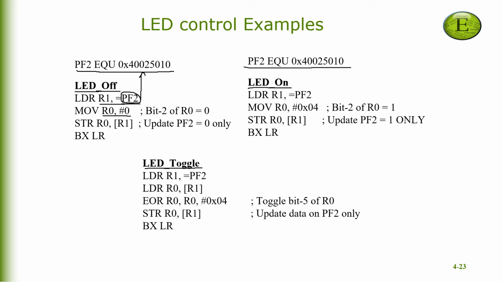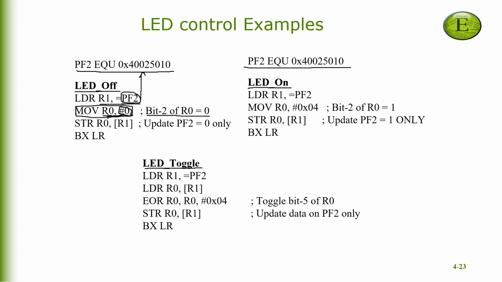and then we are going to move value 0 into register R0. This move command simply copies the value in the second operand into the first operand. So R0 is 0. Because the entire register is 0, bit 2 is also equal to 0.